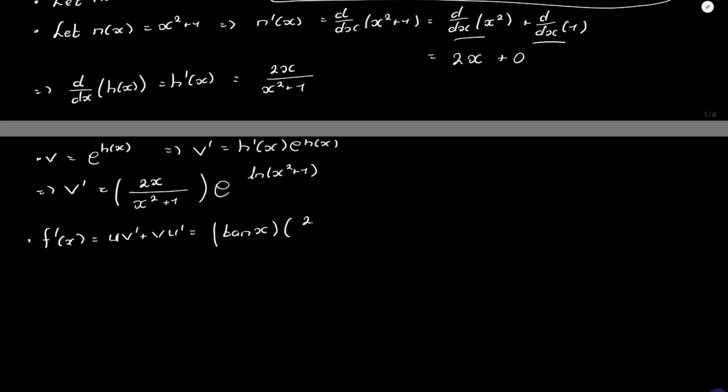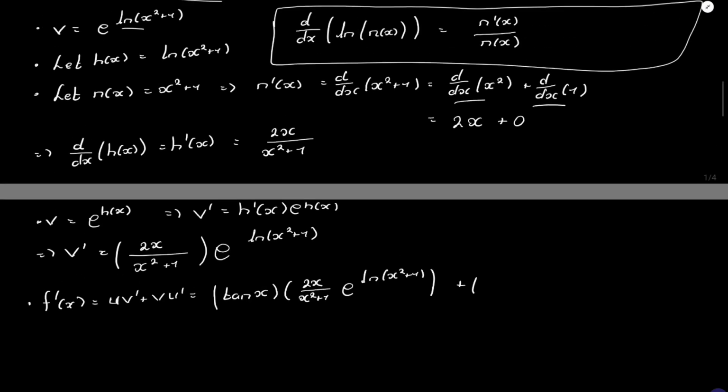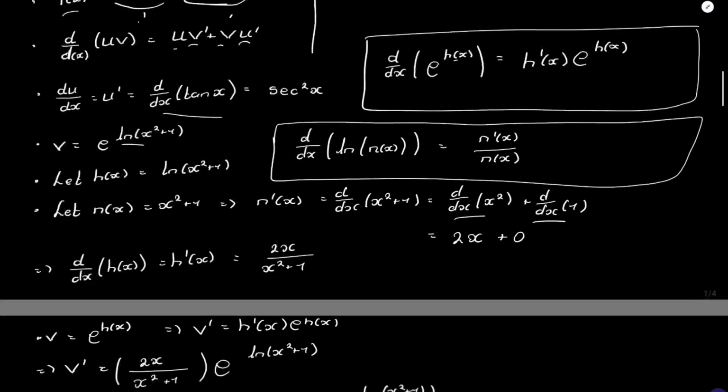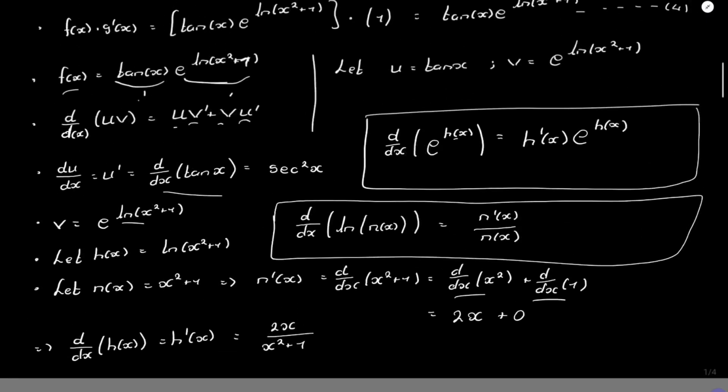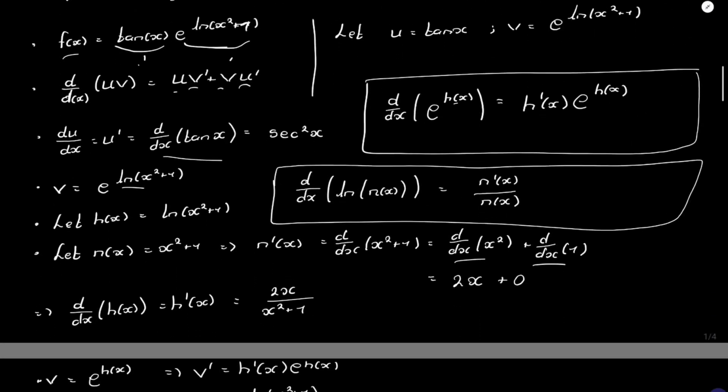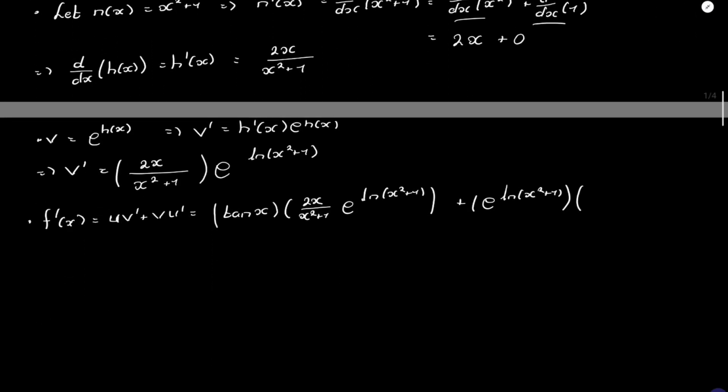V prime is the function 2x on x squared plus 1 e to the ln of x squared plus 1, plus, what is our v then? Our v is the function e to the ln of x squared plus 1. And what is our u prime? Our u prime is the function sec squared x.